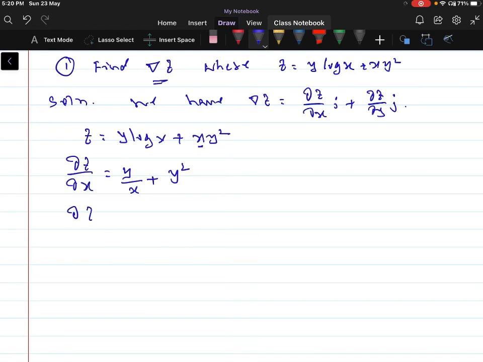So similarly find out dou f by dou y. So here log x is constant, y differentiation 1 plus x is constant, x y square differentiation 2y.